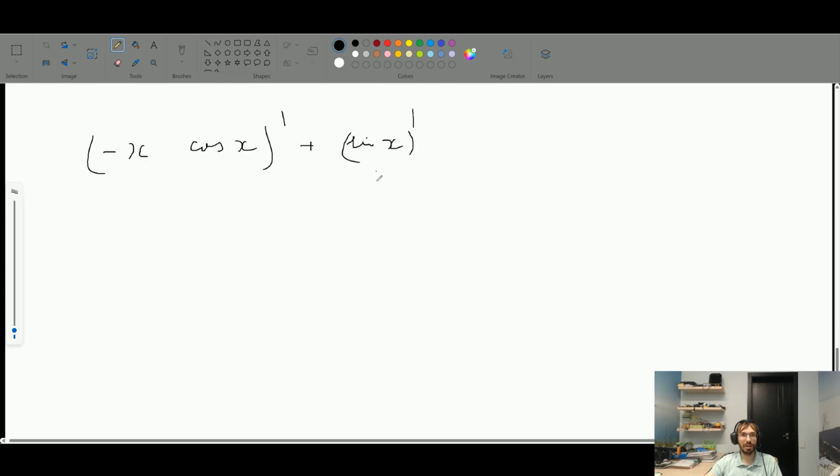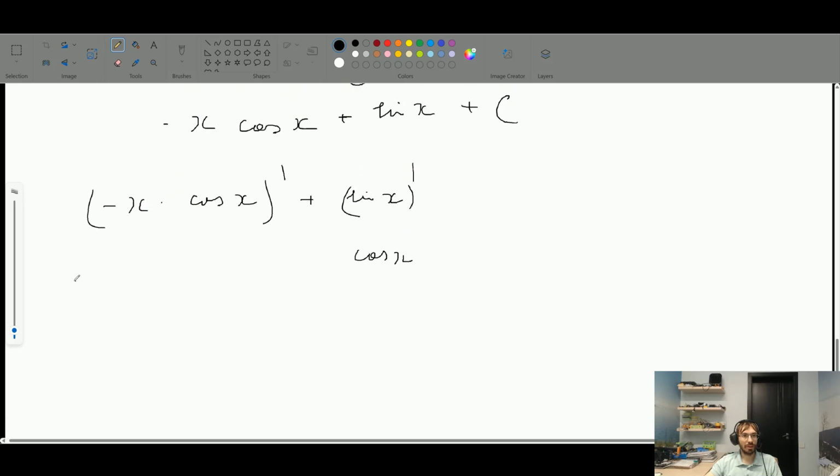From sine it becomes cos x, and that is a product rule. So I have to do (minus x)' cos x plus minus x times (cos x)'.